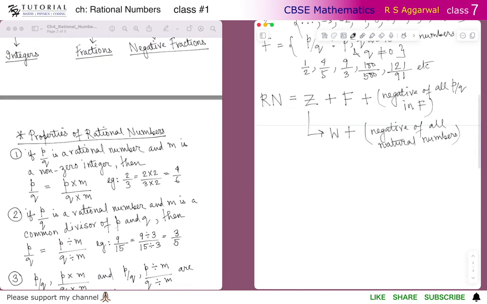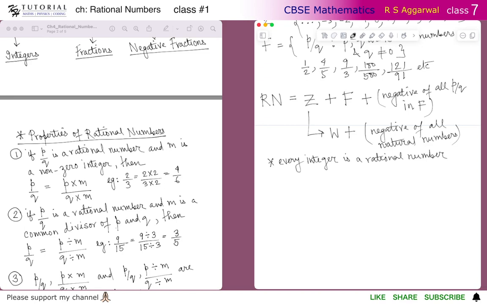These are very important concepts: every integer is a rational number. Why? Because every integer is a rational number of the form p by q.